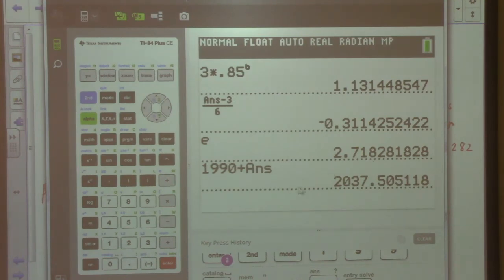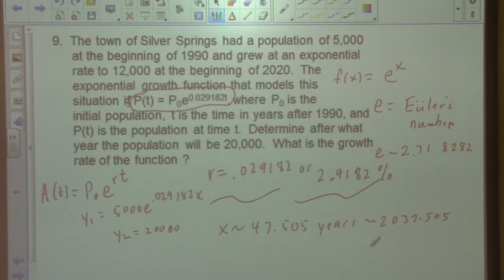It should be 0.585, right? I guess somehow the calculator knows that. That's the right answer, by the way.